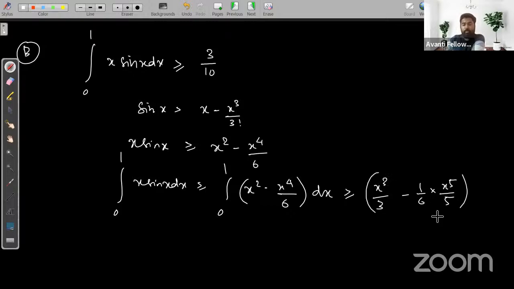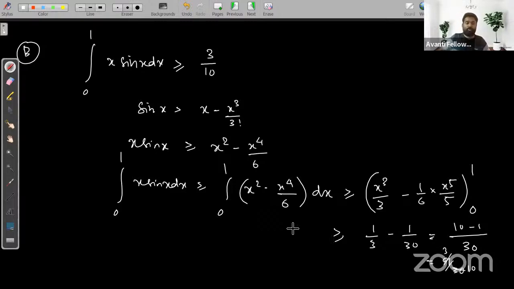Put the limit here also. So this will be 1 by 3 minus 1 by 30; putting 0 gives 0. So this equals 10 minus 1 over 30, so 9 by 30, which is 3 by 10.